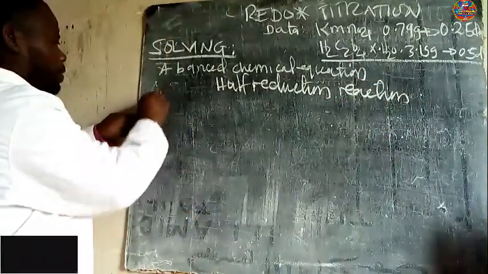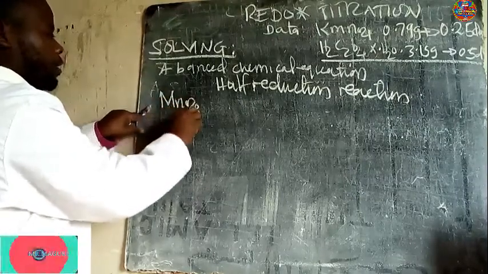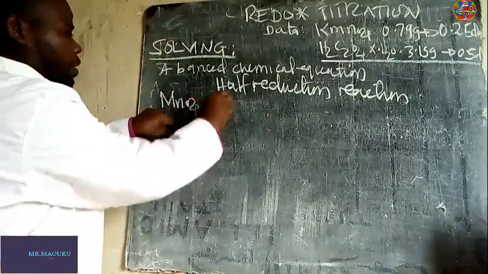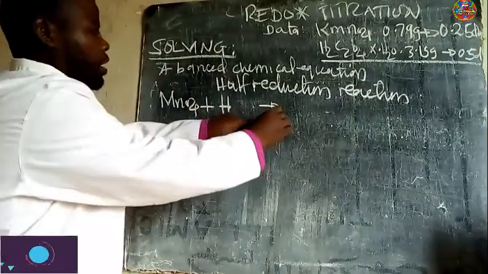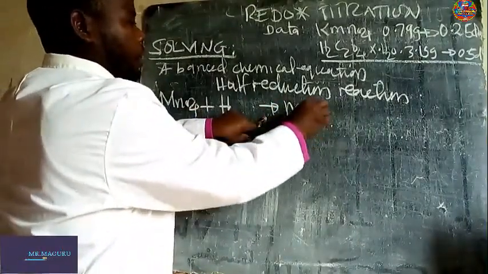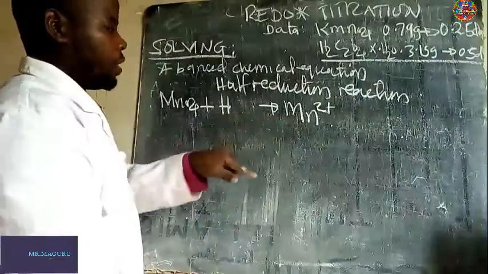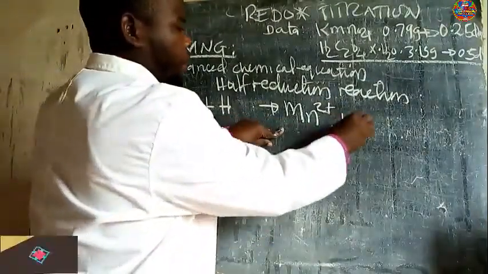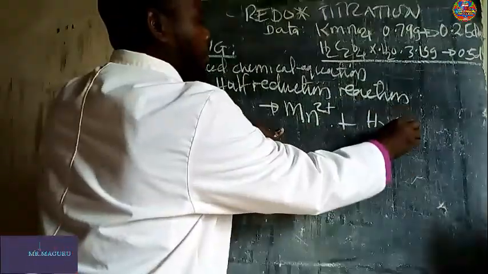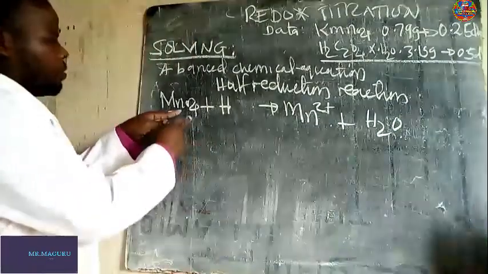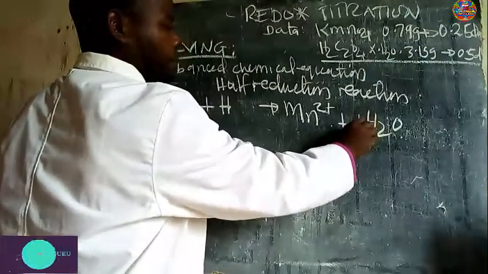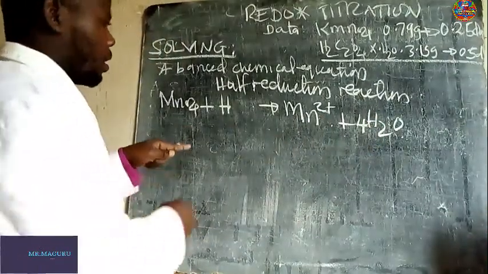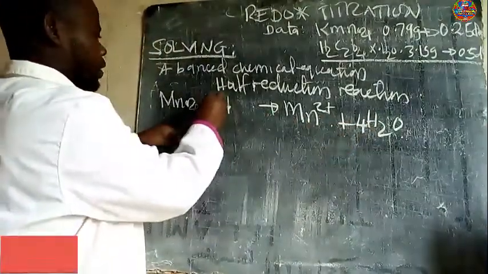We take permanganate, react with the acid. The product is manganese(II), which is colorless, plus water. When we balance, this one is 4, so here we put 4. And here is 8, we put 8.